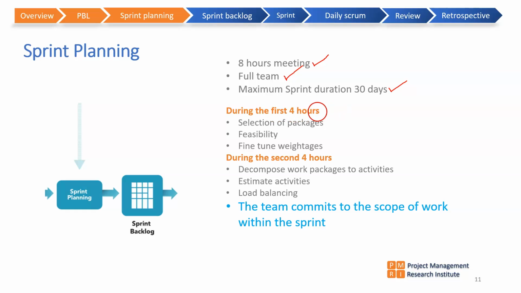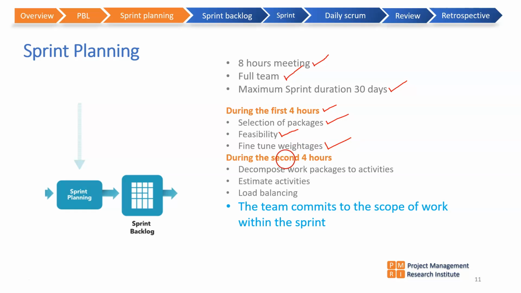During the first 4 hours of the planning meeting, the selection of the packages or the features that must be developed happens. The team thinks through the feasibility part of it and fine-tunes the estimate.